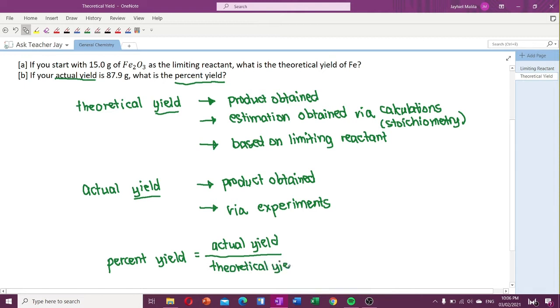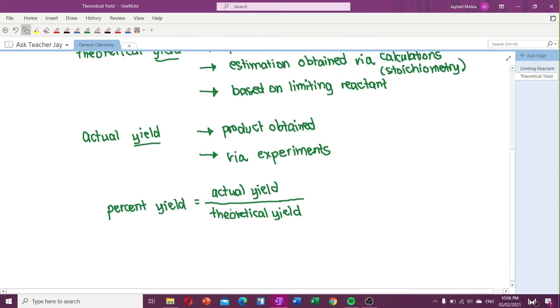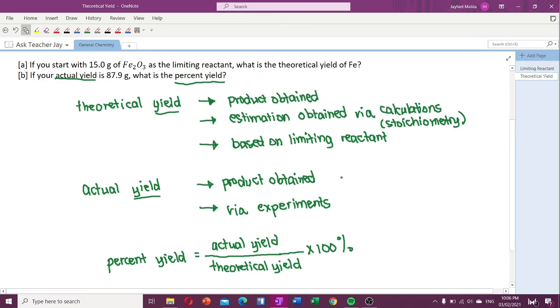That actually means how much of the expected yield is obtained in an actual setting, or in an actual experiment. So that is the challenge here. We need to determine the percent yield based on the actual yield and theoretical yield.